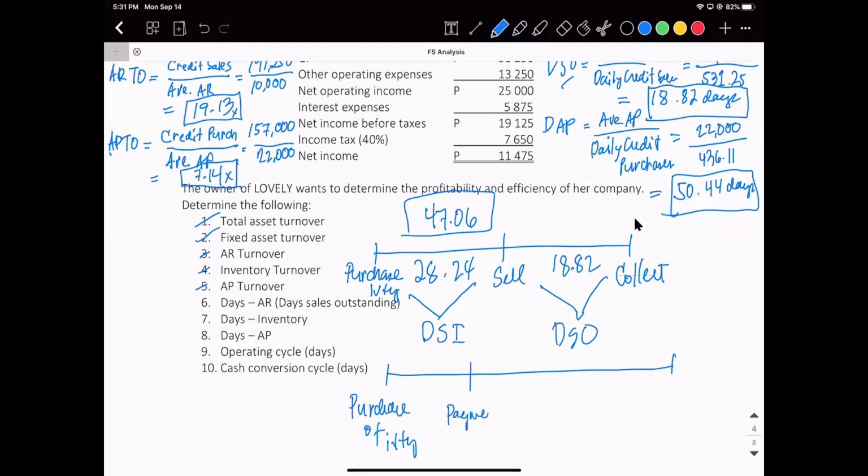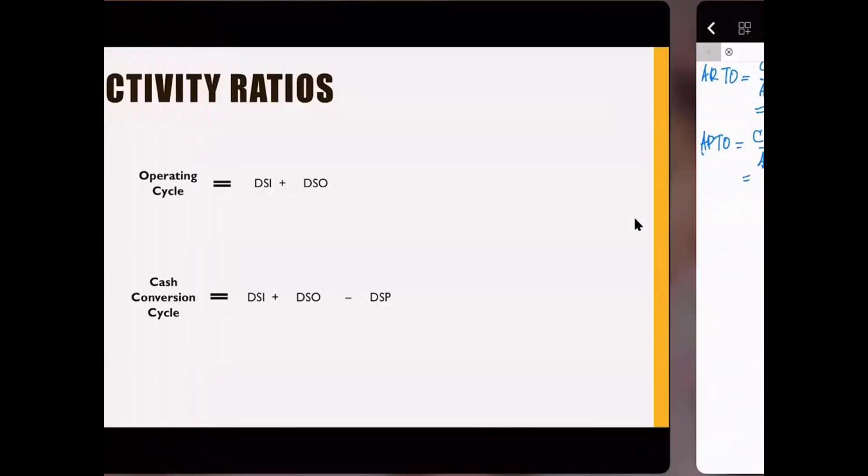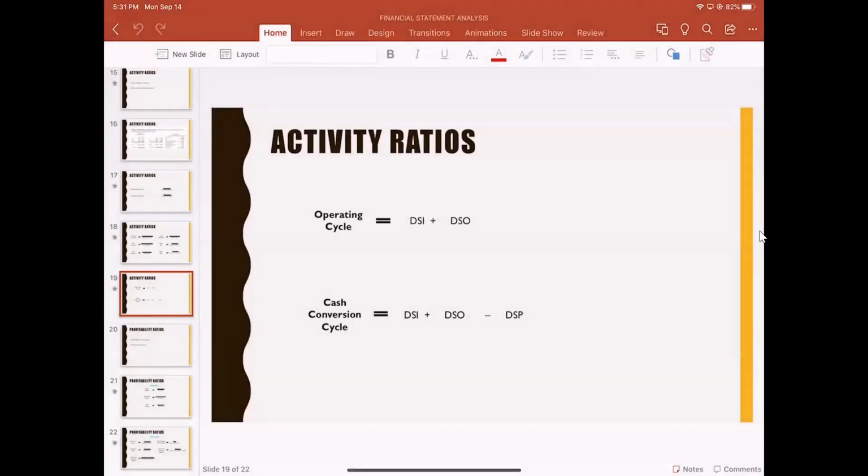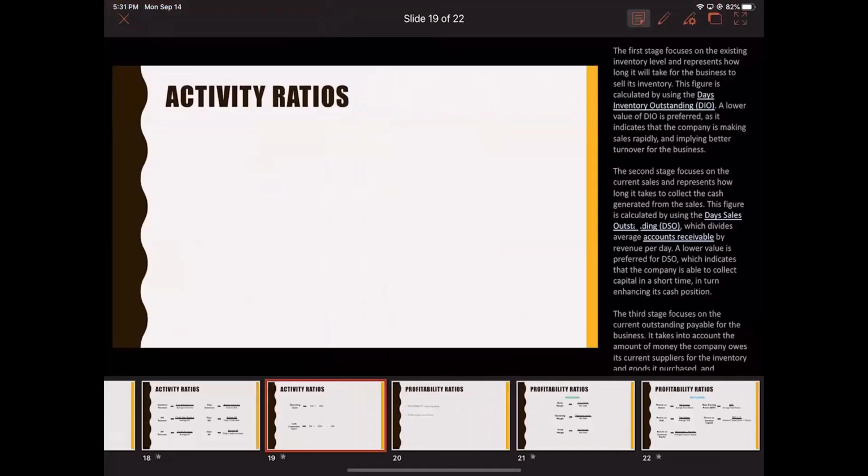So, from payment of purchases or accounts payable to collection of AR. Ito yung tinutukoy na cash conversion cycle. In other words, yun nga, based dito sa atin, no?